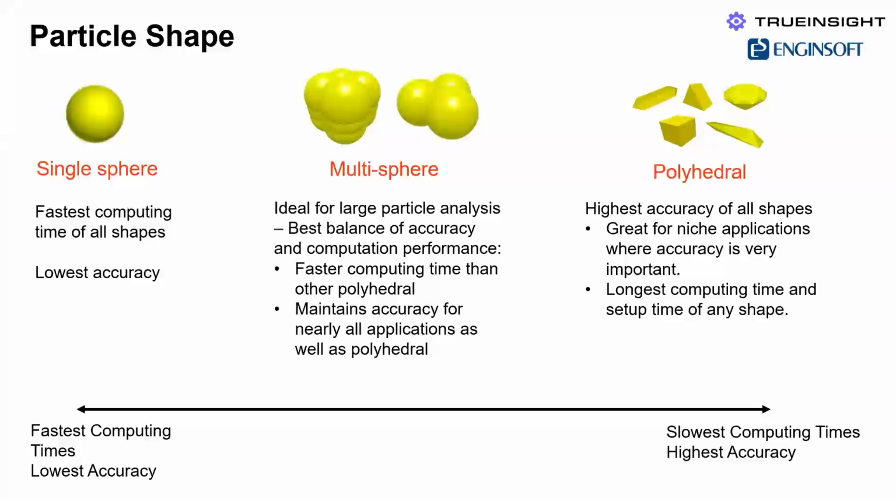And as we see on this slide, as we go from the left to the right, we're increasing in sophistication and accuracy, but we're also ending up with slower computing times. And that's why it's so important to have the right computer hardware to be able to simulate these systems. And with the advent of GPU processing, that enables us to get a lot of computing power really on a single card. So there's really a lot of great capability with this technology.